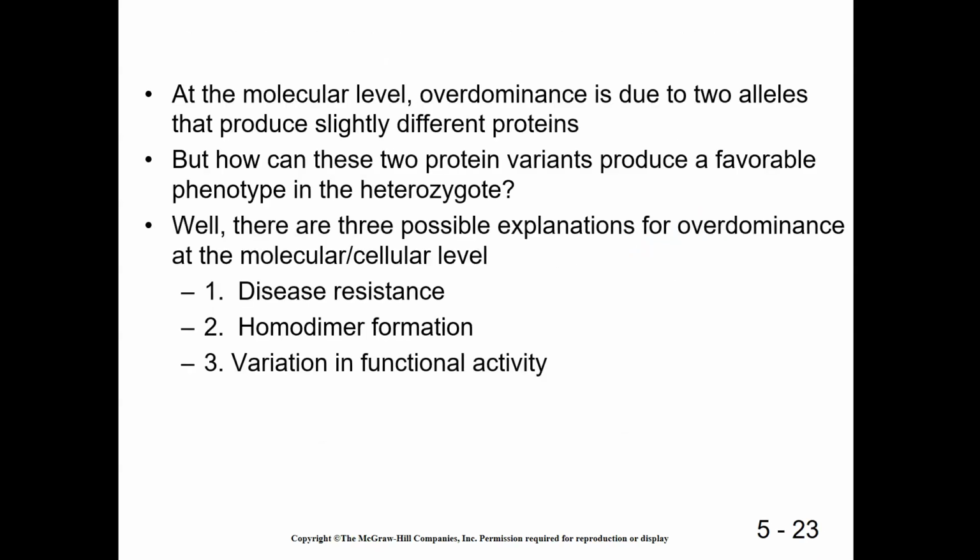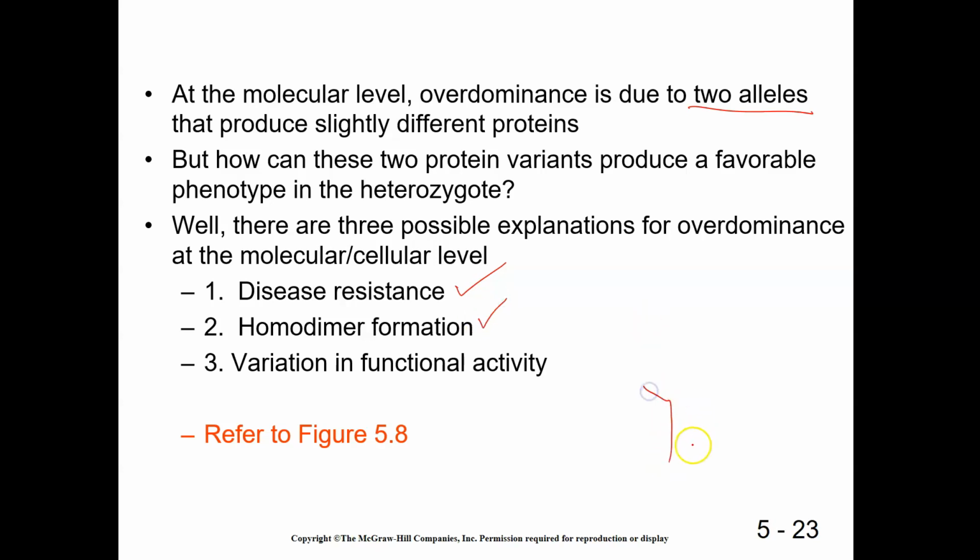So at a molecular level, what are we looking at? Overdominance is due to the two alleles producing slightly different proteins. One is conferring disease resistance, in this particular case with hemoglobin S. Other possible explanations for overdominance can be homodimer formation.